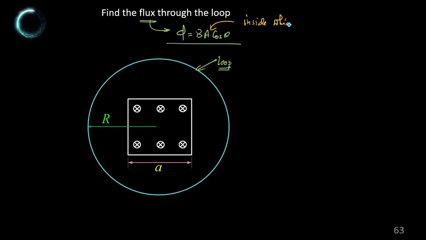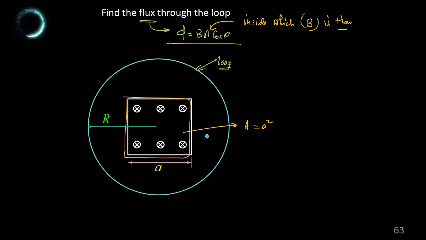For this loop, only a part of the loop, not the entire loop, is covered with the magnetic field. Only this part is covered, the square part. So area is equal to small a square.